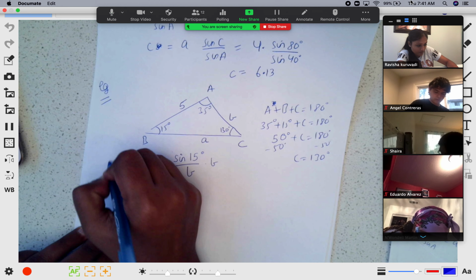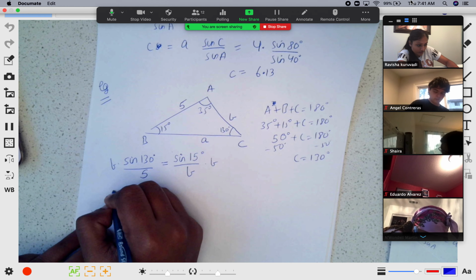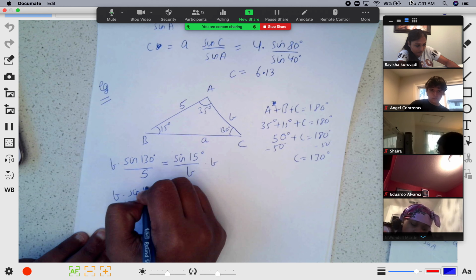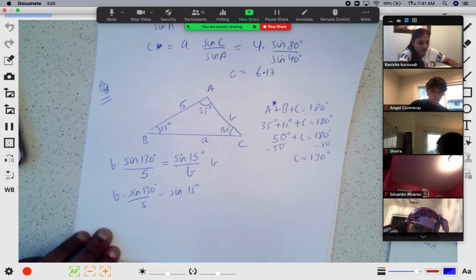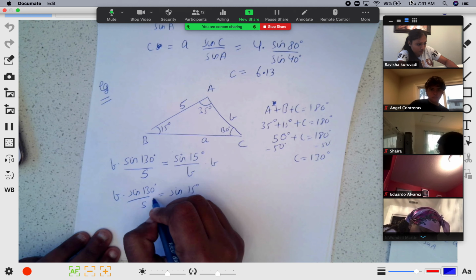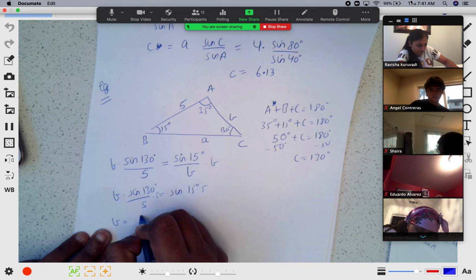So it becomes B sine 130 over 5 is equal to sine 15. Then multiply both sides by 5, so you get B sine 130 is equal to 5 sine 15.